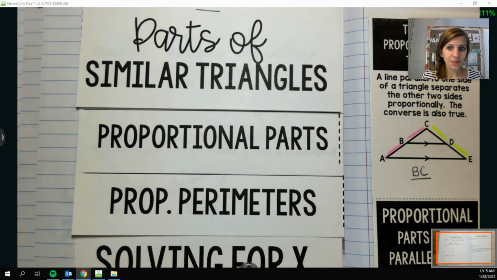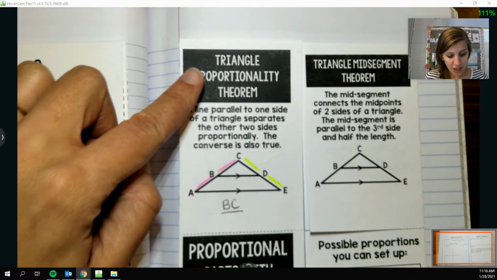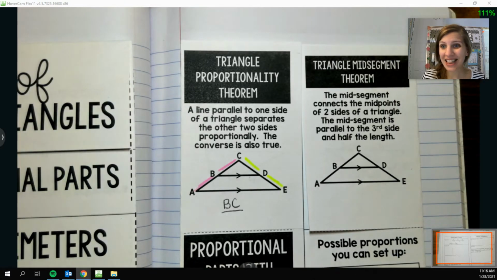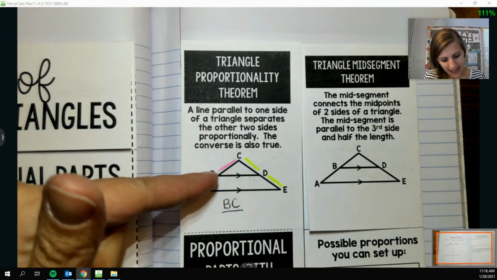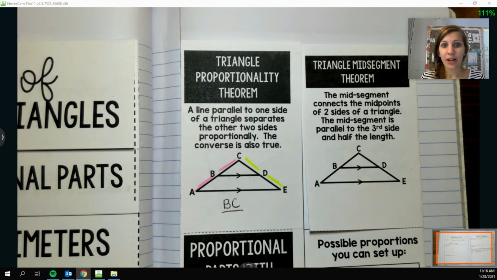Okay, so starting here, first our triangle proportionality theorem says that if I have a parallel line to a side inside of a triangle, then we talked about this a little bit last chapter, where you might have that mid-segment thing where you have that parallel line to the other one, but that one was connecting midpoint to midpoint, so it was right in the middle.